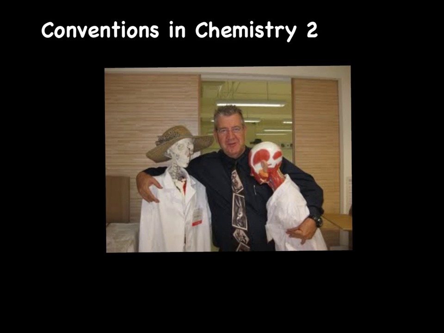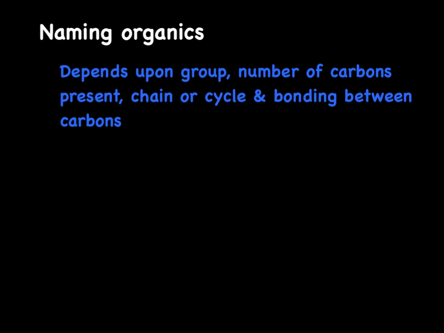As I said before, understanding the conventions of chemistry makes it so much easier to complete tests and studies and actually have a better understanding of what you're actually talking about. So one of the biggest things we have is the naming of organic compounds.